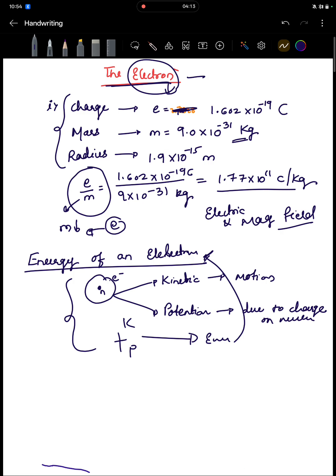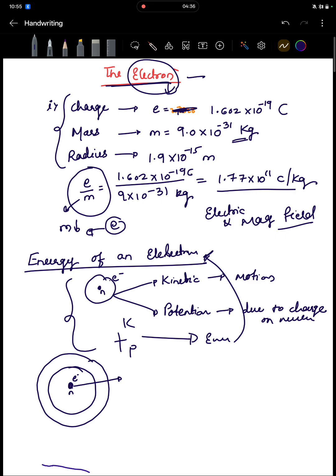Suppose you consider this as a nucleus; the electrons will be moving around the nucleus. The electron which is far away from the nucleus has the greater energy. The electron nearest to the nucleus has the least energy.